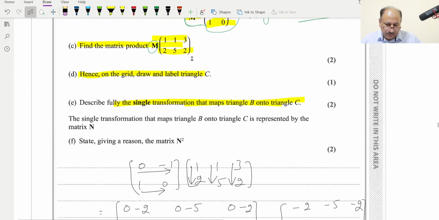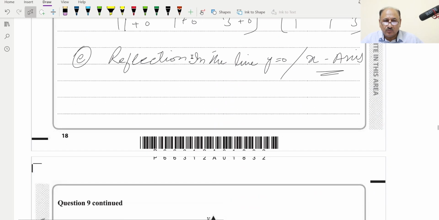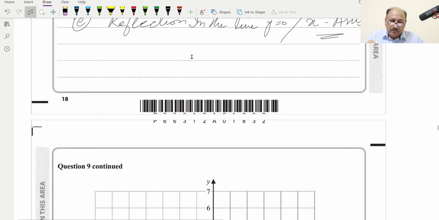Then F part, they're saying state giving a reason the matrix is N square. So N square is what? N square will be basically, we can write as 1 0 0 1.